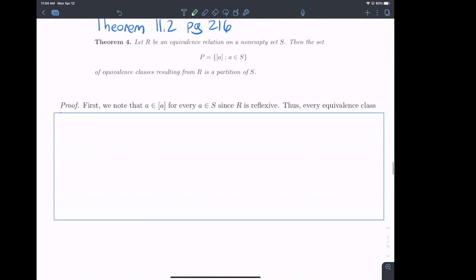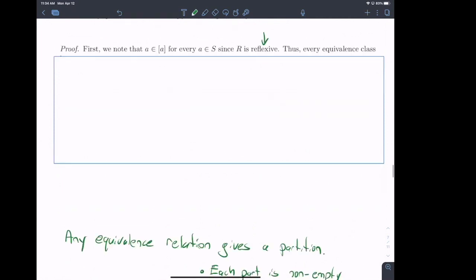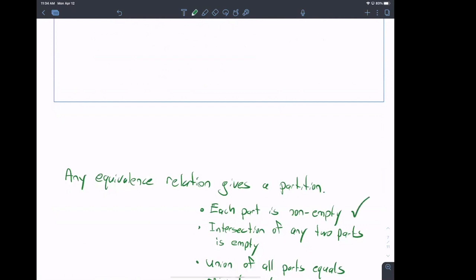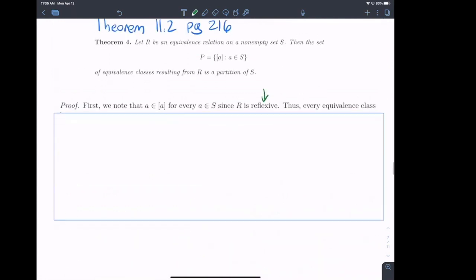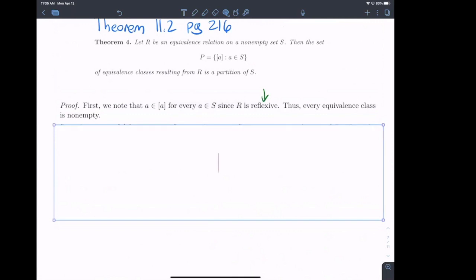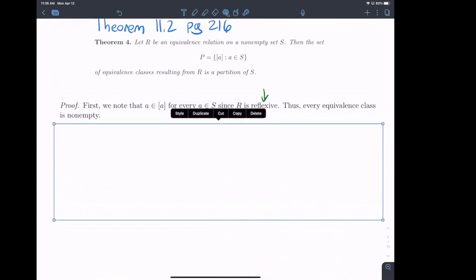Over here, the reflexive property is important. So let me just say that that first part being non-empty comes from the reflexive property of equivalence relations. Great. Any questions about that?